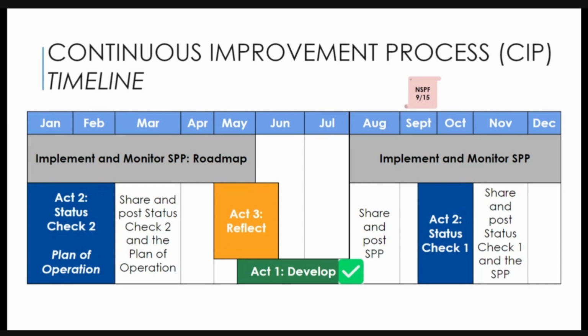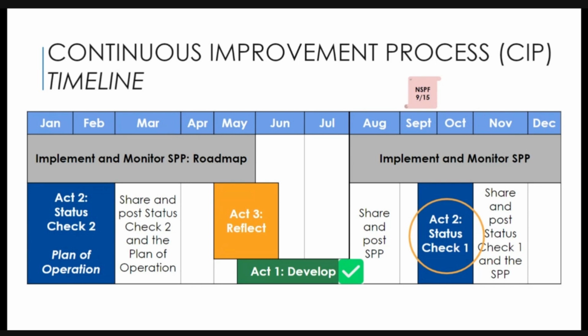During the status check meetings, teams will review data along with the improvement strategies and action steps in the roadmap to ensure that there's alignment with the school's needs. As a CI team lead, you're going to facilitate 2 status check meetings during the school year. We have status check 1, which occurs during the months of September or October following the release of the NSPF.